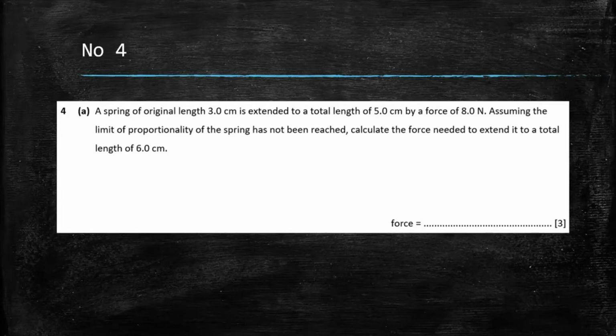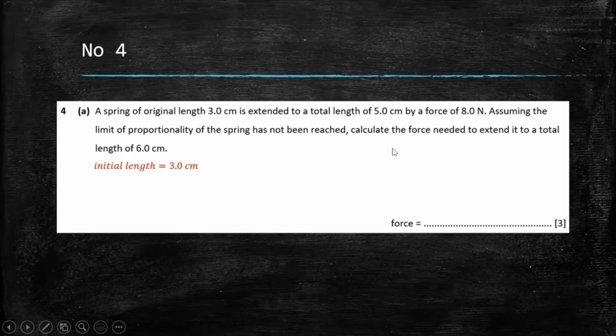When the limit of proportionality of the spring has not been reached, the force is proportional to the extension of the spring. So, as the first step, we have to calculate the extension of the spring for the first condition. The original length of the spring is 3 cm. It is extended to a total length of 5 cm.